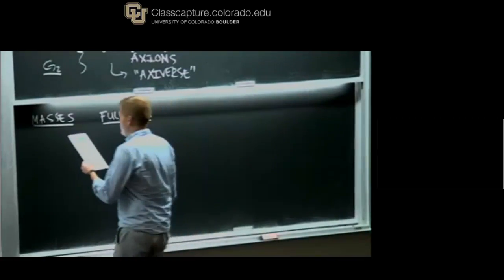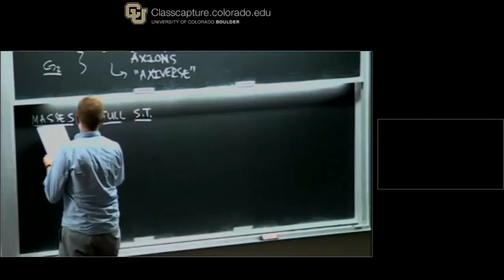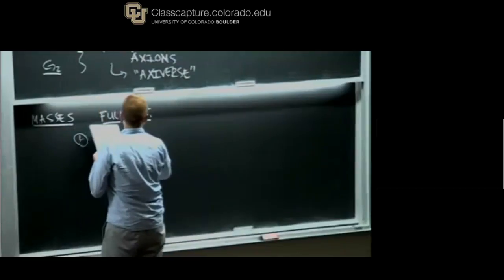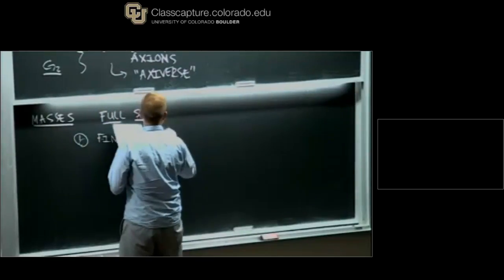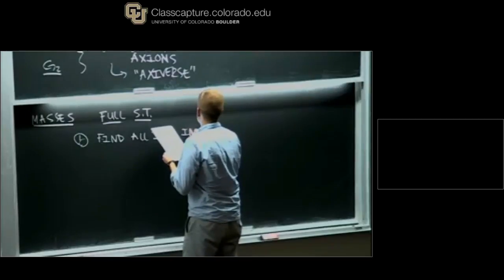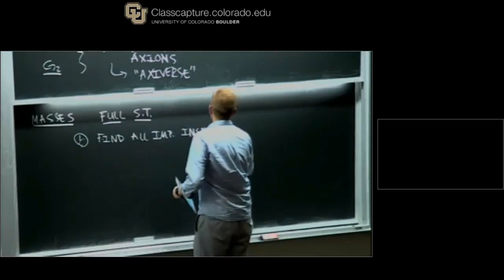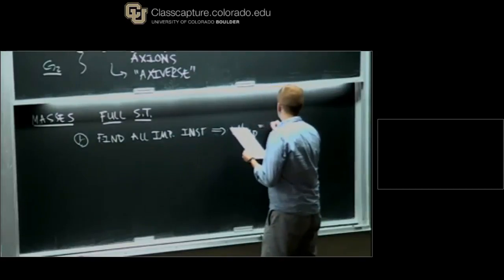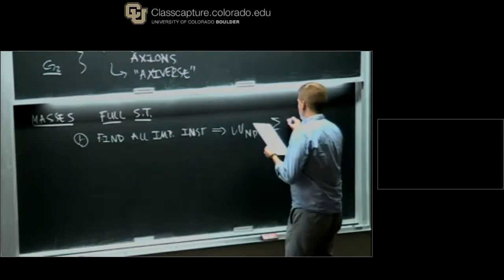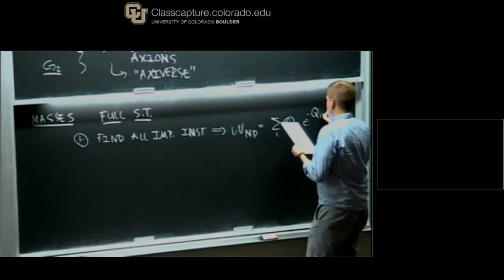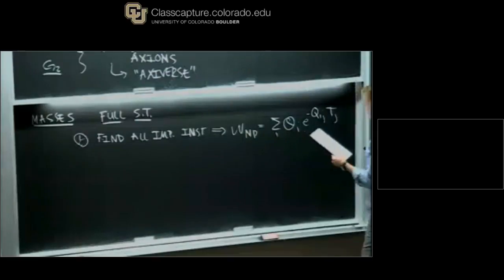So in full string theory, what you would typically do, depending on the context, is find all important instanton corrections, meaning those playing an important role in the effective action. So generally, you're going to have some non-perturbative superpotential where you have some sum, you have some operators out front, e to the minus Q_ij T_j, and maybe there's some other things that I'm not worrying about.